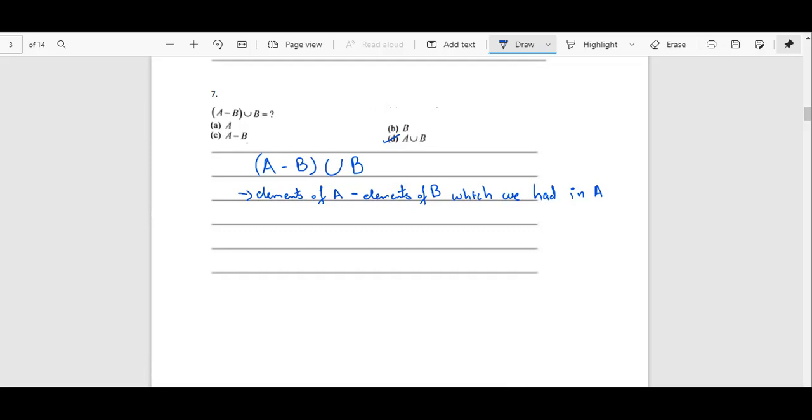And then I'm taking its union with B, which is going to give me all the elements of B back. So this is why D is the answer, and this basically is a property.